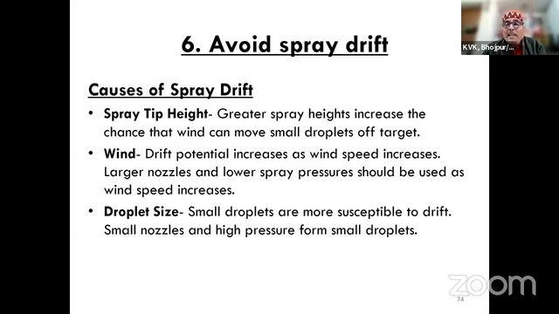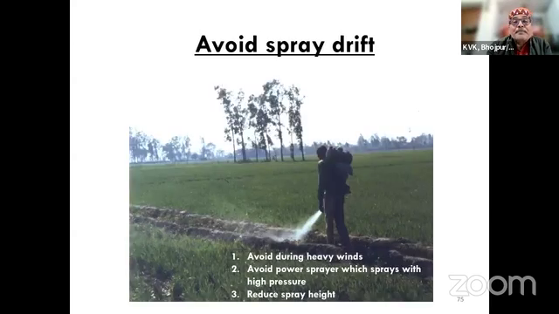One should avoid spraying any kind of chemical because there is every possibility of drifting droplets, as small droplets are more susceptible to drift. Small nozzles and high pressure form small droplets. So we should not use small nozzles and high pressure equipment in good wind velocity. Avoid spraying during heavy wind. Avoid power sprayers which spray with high pressure. Reduce spray height.